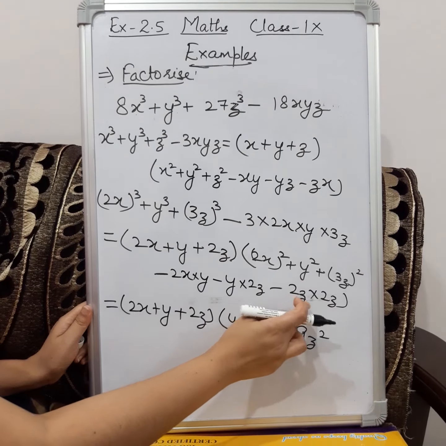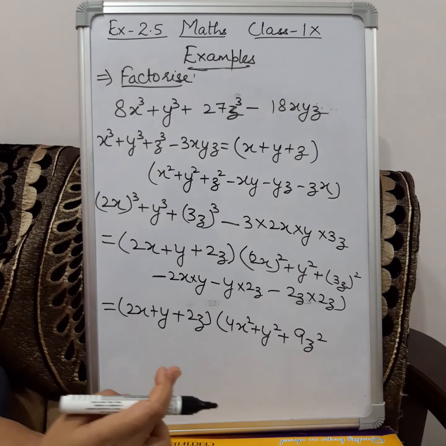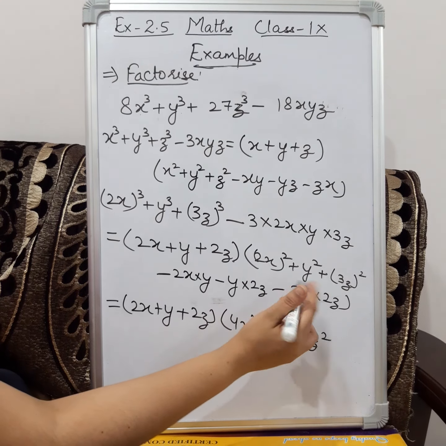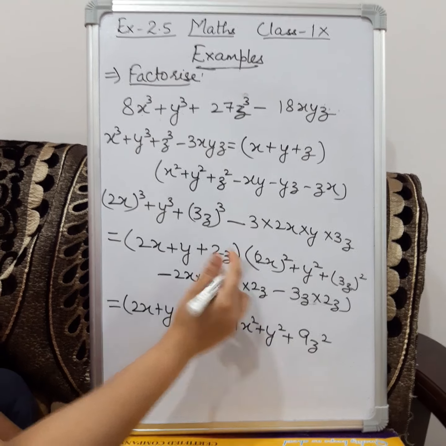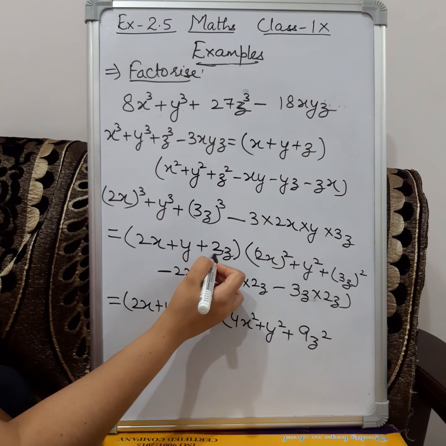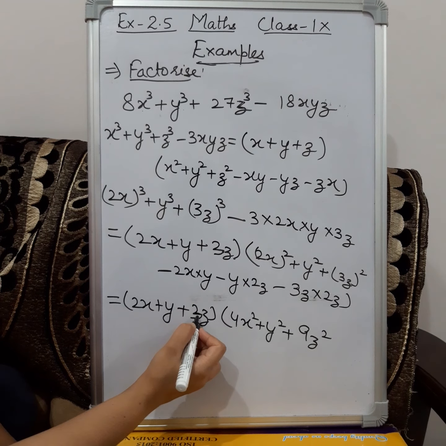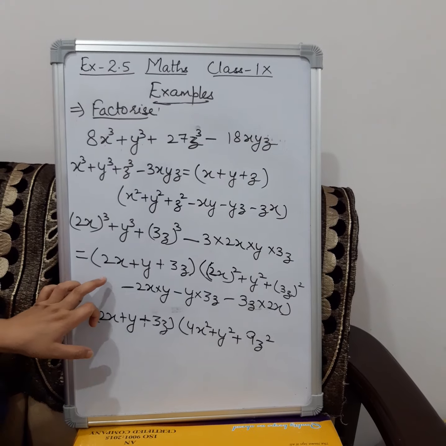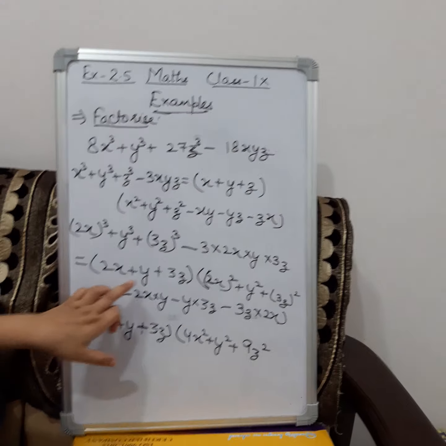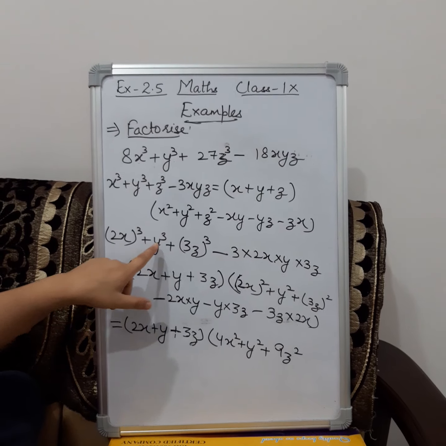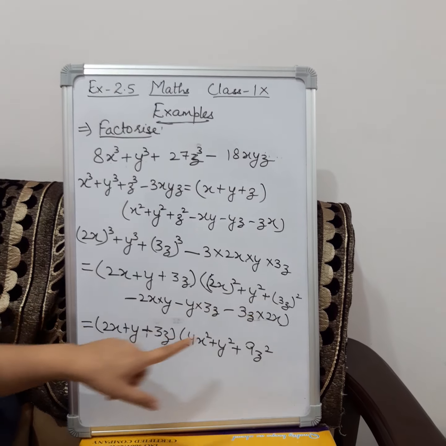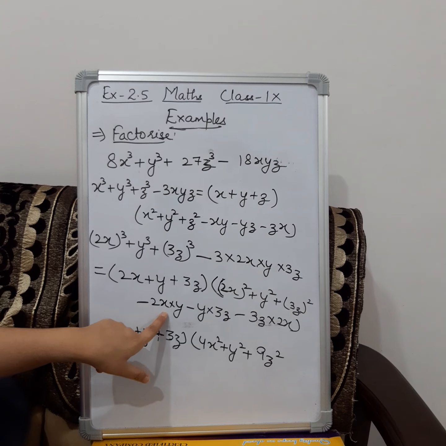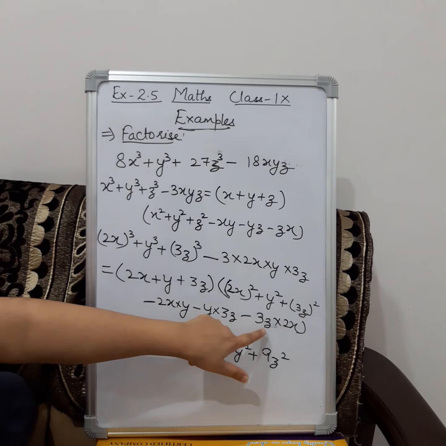It was here I have written wrong. It was 3z. z was 3, it was actually 3z. By mistake I had written 2z. So the identity will be x plus y plus z, then x square plus y square plus z square minus xy minus yz minus zx.